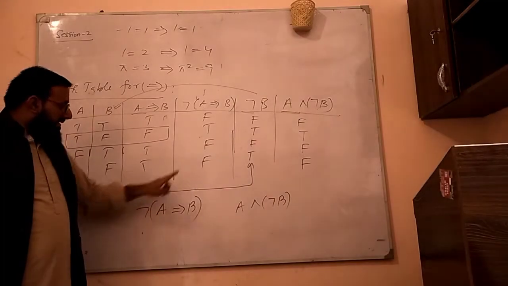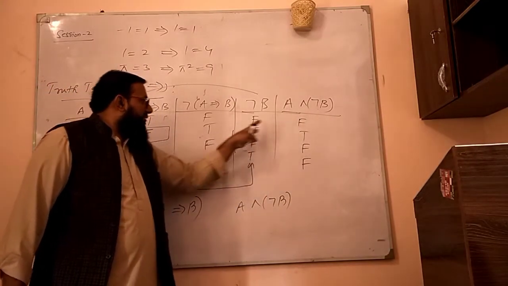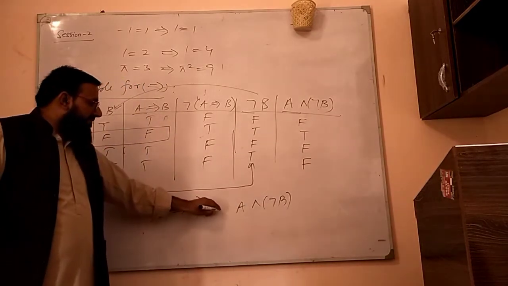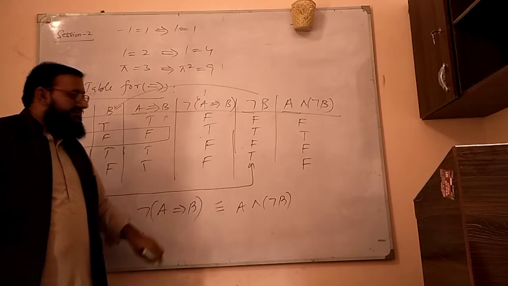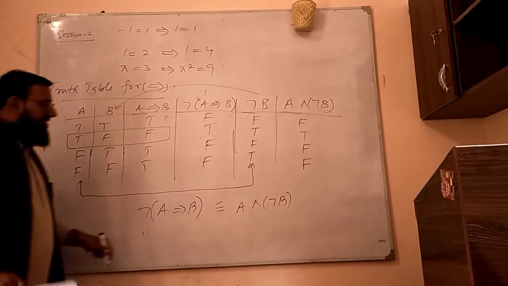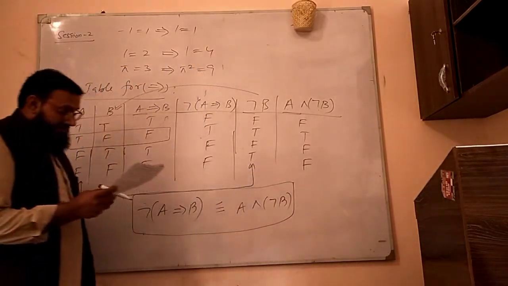And A and negation of B, you can see the truth table. Both are equal. So we say that these statements are equivalent. We'll be using this next time when we are coming back to this.